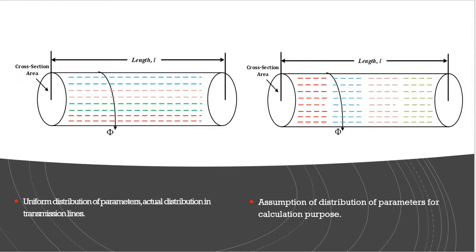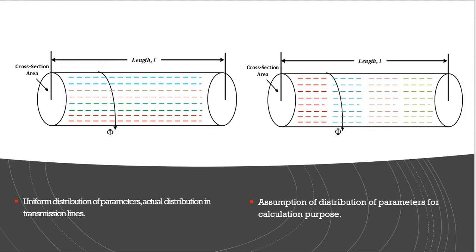But whenever we do the calculations, we consider these parameters across a transmission line in the form I have shown in the figure on the right hand side. We assume that the resistance of the transmission line is in a specific portion, and it is not mixed with the conductance, inductance or capacitance, right? It means that we will just calculate the value of resistance.